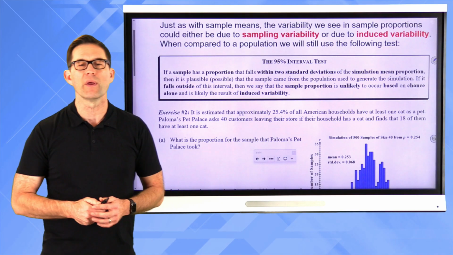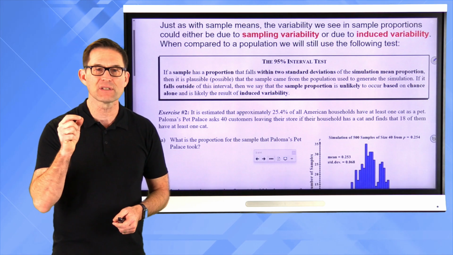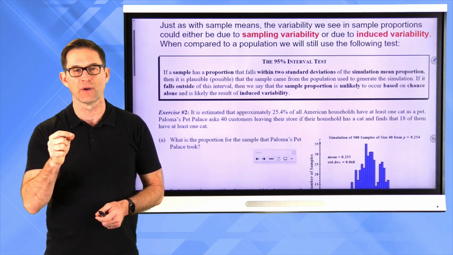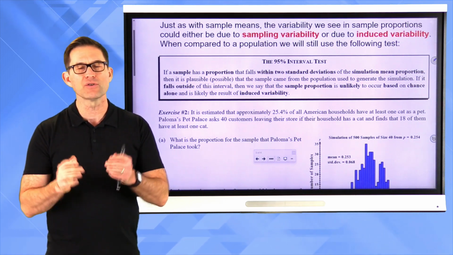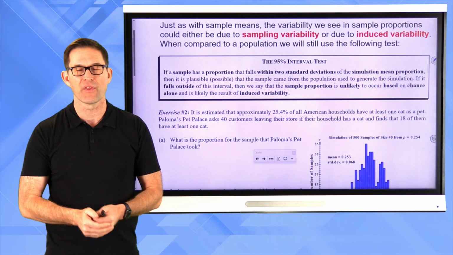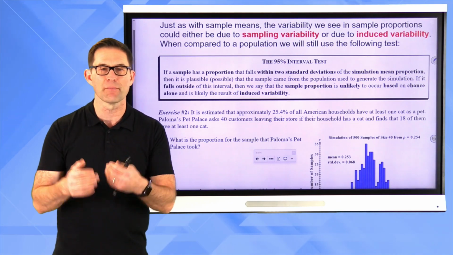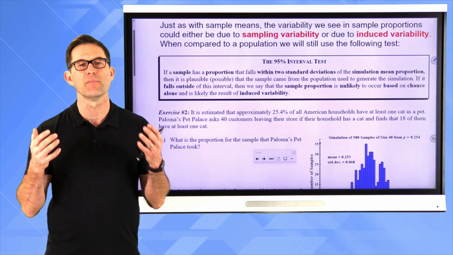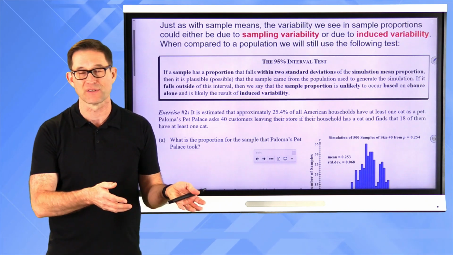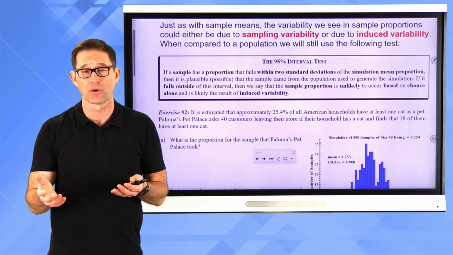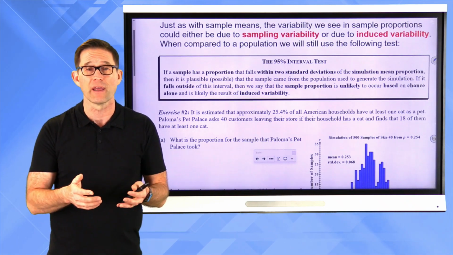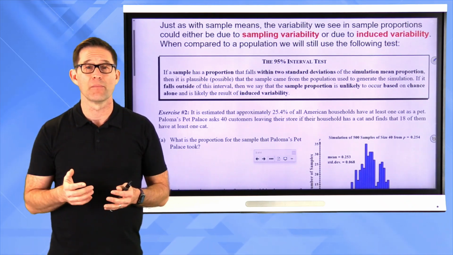So yet again, we go all the way back to our first lesson in our statistics unit. There are 2 major types of variability that we're concerned with. Sampling variability, which occurs because if I take random samples, those random samples will give me different means and different proportions, depending on which one I'm concerned with, right? And then there's induced variability.